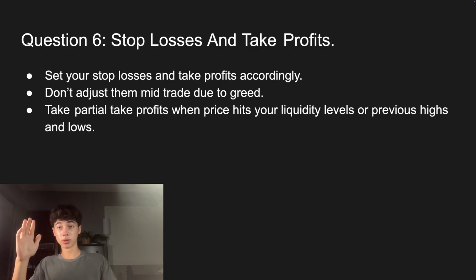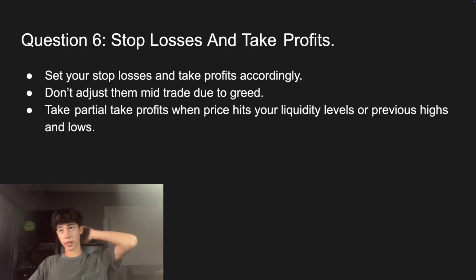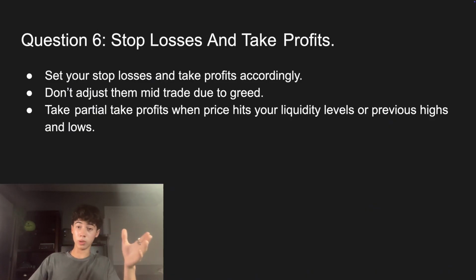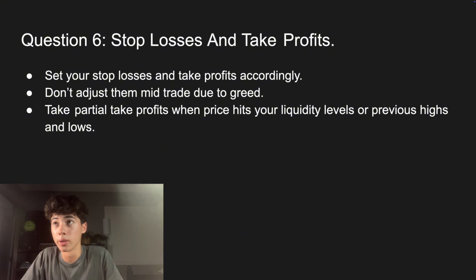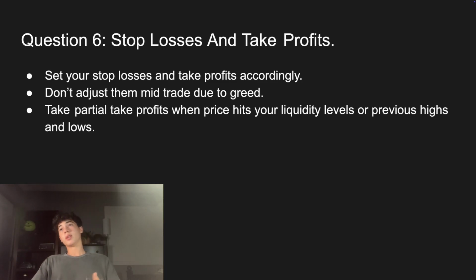Just close 25% or 50%, whatever your method for partial take profits may be, but take partial profits, because if you don't, you end up not making any money, or you'll end up losing way more than you should have. I don't know if that made sense, but I guess you guys know what I'm talking about, right? We good? All right.